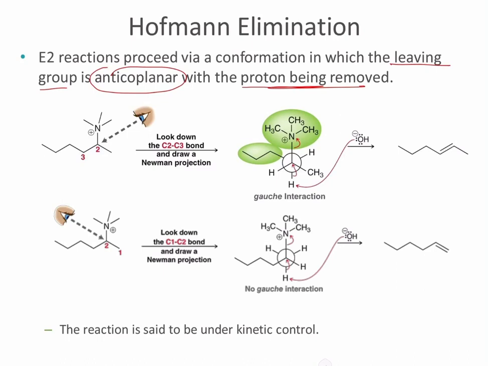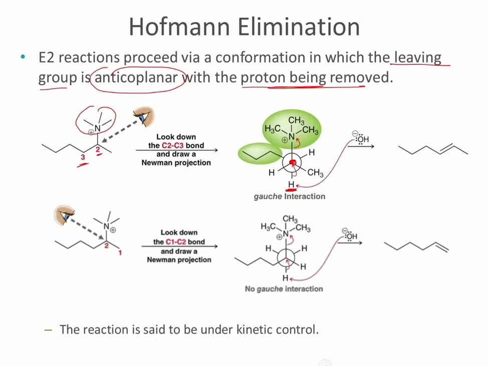Okay? So if we want to align them properly, for example, we want to align this properly by looking at carbon C2 and C3. So we want to arrange the leaving group to be anti-coplanar with the proton that's being removed. So the leaving group is at the top on the side that's facing you.